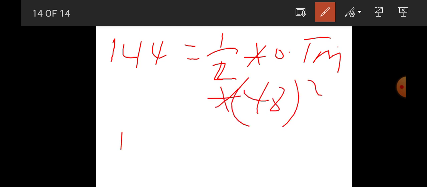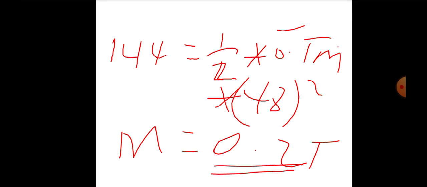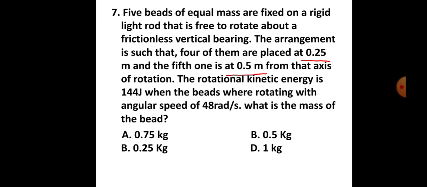Solving for m, m is equal to 0.25. When you simplify this number, it is 0.25 kilogram. The mass of each bead is equal to 0.25, so the answer is 0.25.